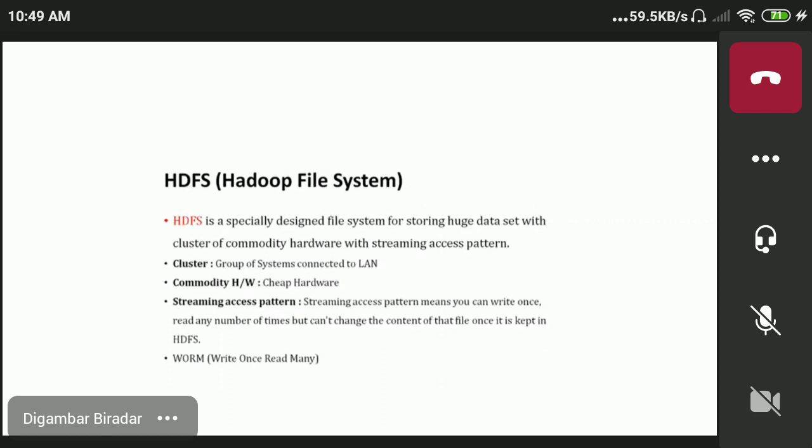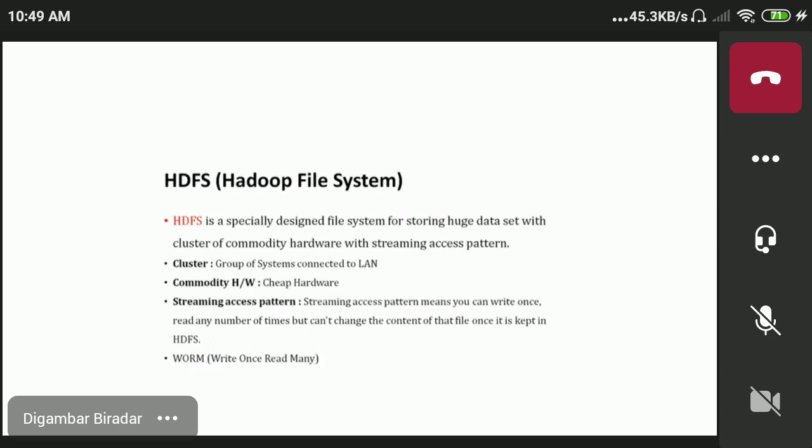Now we'll see one by one what is HDFS file system. So HDFS is a special designed file system. Basically, main purpose क्या है इसका? It is used to store the huge data set. But how we are storing that? By using a cluster of commodity hardware with streaming access pattern. So streaming access pattern is nothing but once you have stored the data, you can read it many times, but you can't change it.